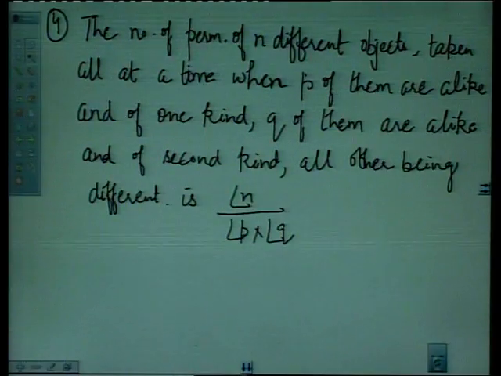We divide this with total n factorial. We are going to use these results in our questions.